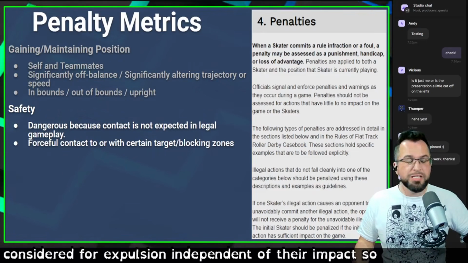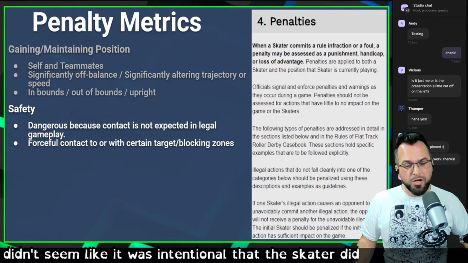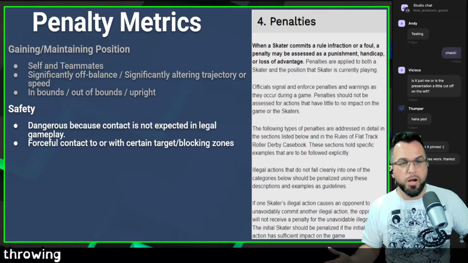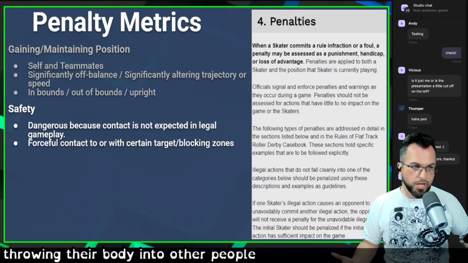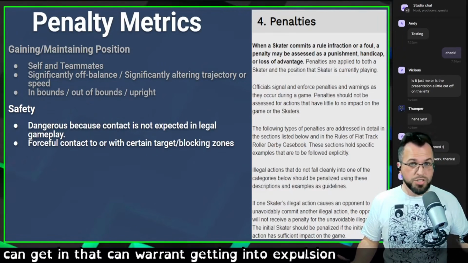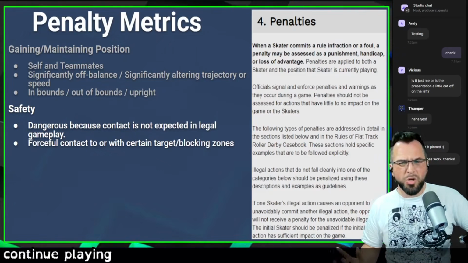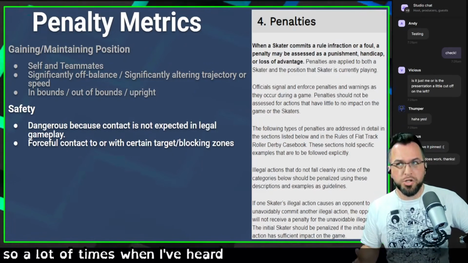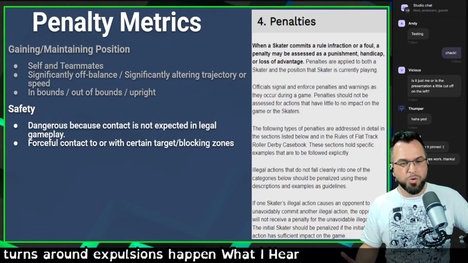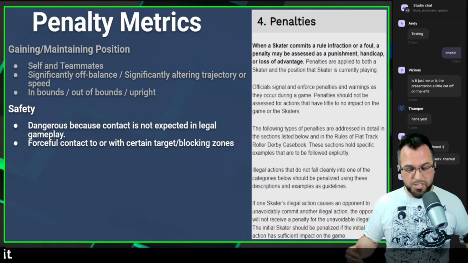So even if it didn't seem like it was intentional, if that skater is so exhausted from the game that they are literally throwing their body into other people, going the wrong direction, that can warrant getting into expulsion conversations, because it might be deemed that that skater is no longer safe to continue playing. A lot of times when I've heard discussions around expulsions, what I hear so many times is, well, I didn't do it on purpose. That's not always the most important part of it. There are also these other things to take into consideration too.